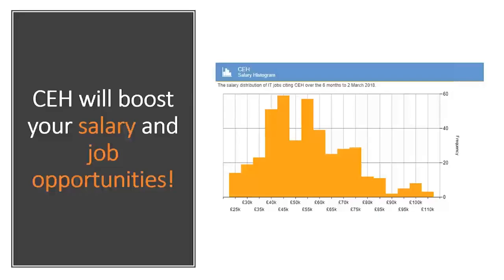And when HR or people are looking to hire cybersecurity professionals, CEH most of the time is a requirement or a recommended requirement in order for you to perform a cybersecurity role. So again, the CEH course and certification is of the ultimate importance if you want to start in this industry.